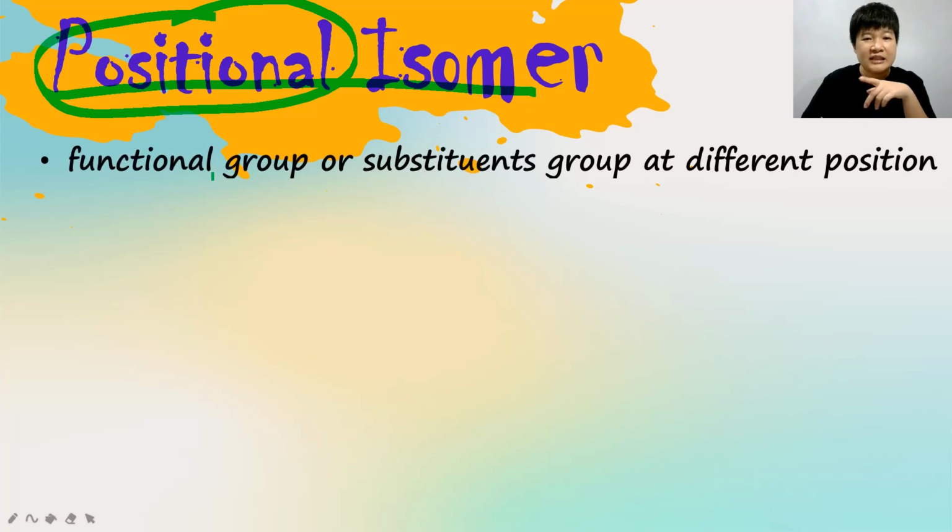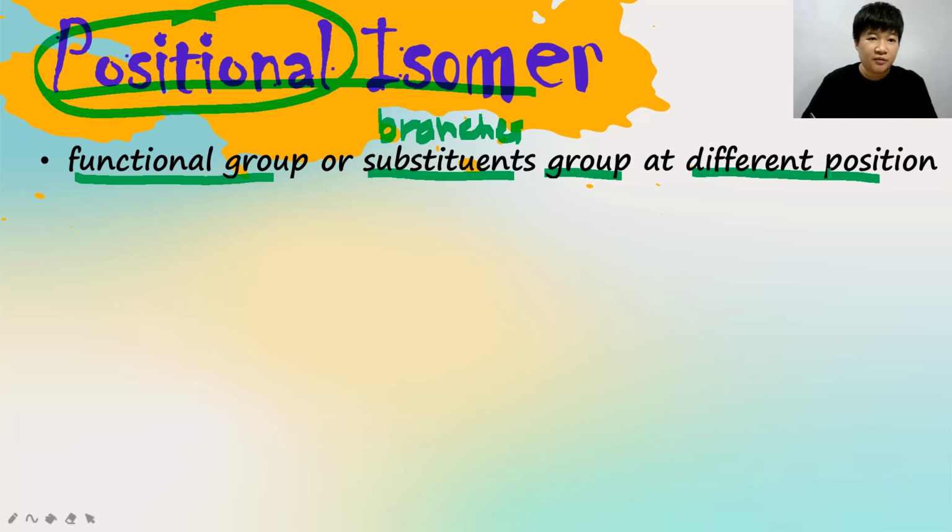Next, we are going into positional isomer. What is meant by position? Position is the one that needs to change. Alright, the functional group or the substituent, which can be branches, is at a different position. Everything remains the same, but only one thing. The OH just now needs to change from carbon number 1 to carbon number 2.